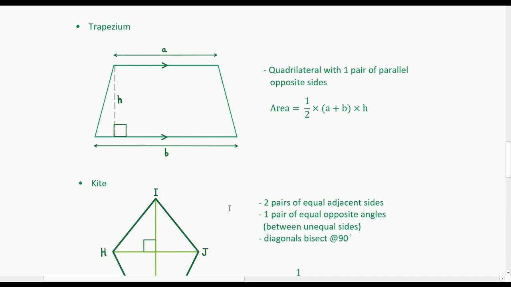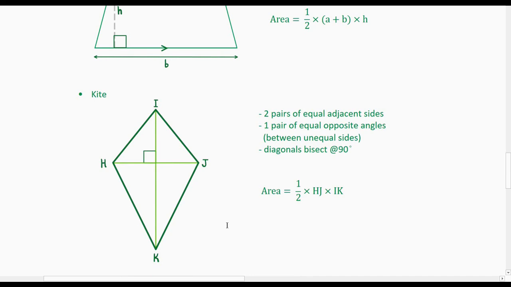And the last polygon we looked at was a kite, which is characterized as being made up of two pairs of equal adjacent sides, meaning two pairs of sides of equal length right next to each other. So that would be HI and IJ and HK and KJ in this diagram.